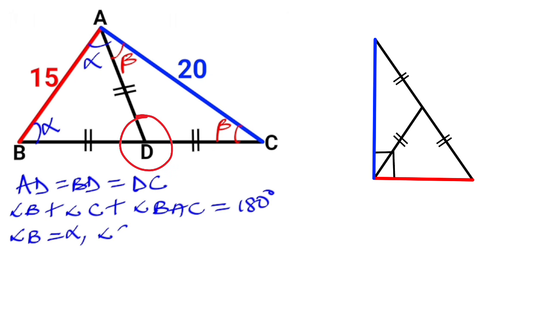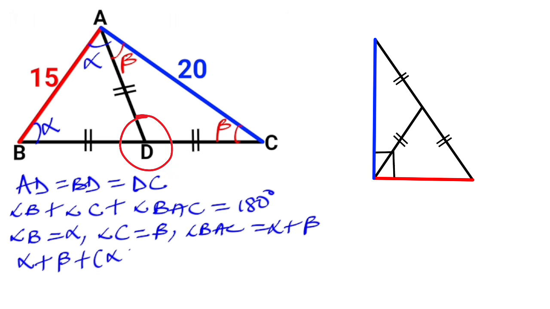Angle C is equal to beta. Angle BAC, at the top, is equal to alpha plus beta. Substituting the angles, we have alpha plus beta plus alpha plus beta is equal to 180 degrees.